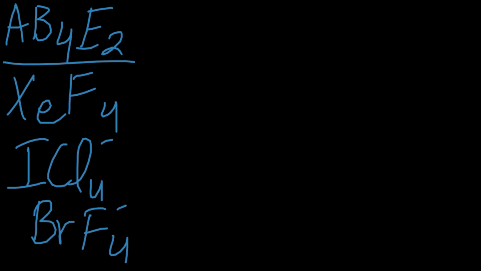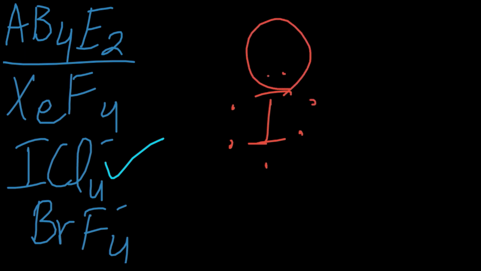Let's talk about the geometry of this ion. Iodine has 7 electrons in its valence shell. It is making 4 bonds, which means it has 3 electrons non-bonded. Let's say 1, 2, 3, 4. This is one lone pair and this one electron is single.